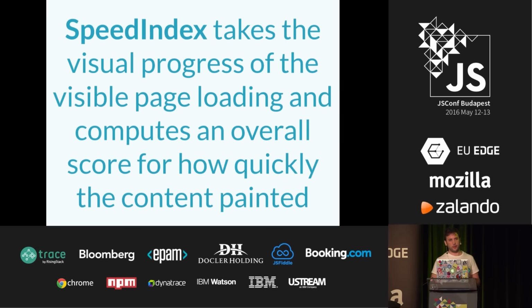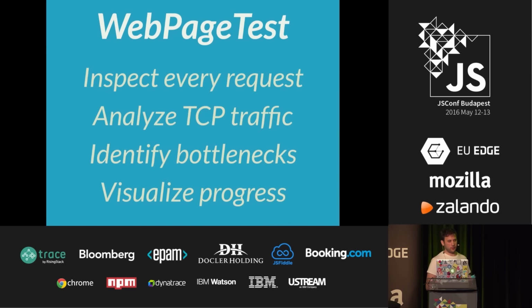And generally speaking, a speed index of 1,000 or less is a good value to be in. The lower it is, the faster your page is showing content to your users. So in short, WebPageTest gives you a very detailed inspection of every single request.